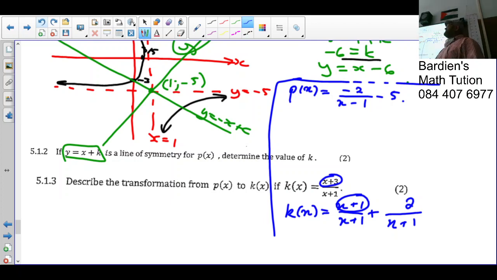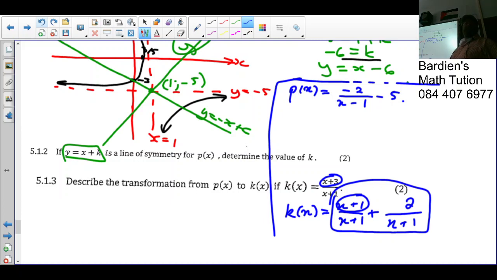Remember in mathematics, I don't change the value of anything. I'm only simplifying. If I bring this as one term again, then I would be left with x plus 3 over x plus 1. You guys understand?